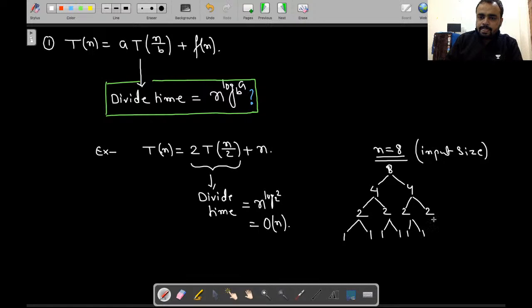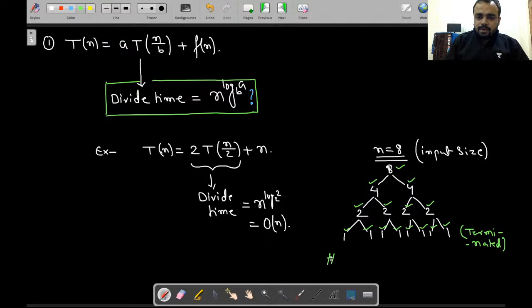Here the recursive function will be terminated, because every recursive function has to terminate. Whenever a single element is generated, it terminates. So how many recursive calls have been made? 1 2 3 4 5 6 7 8 9 10 11 12 13 14 15.